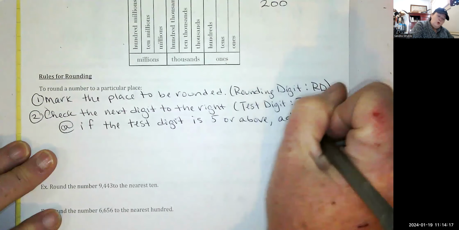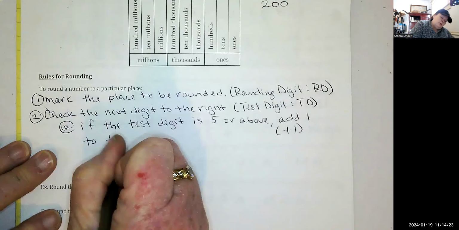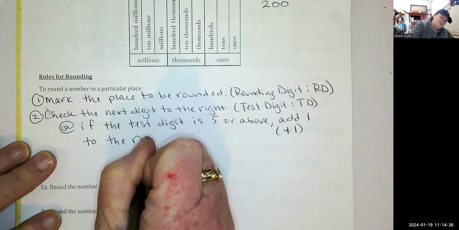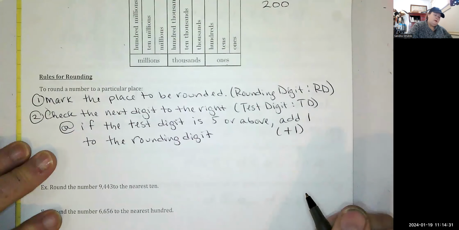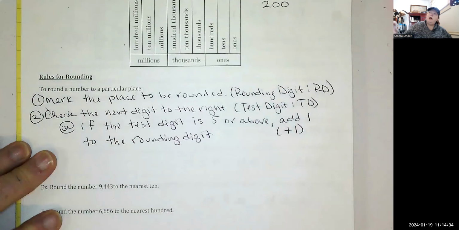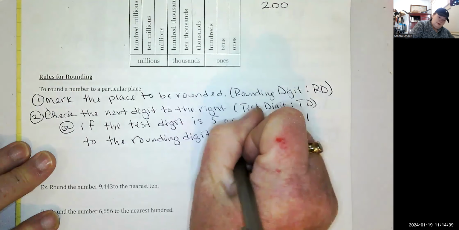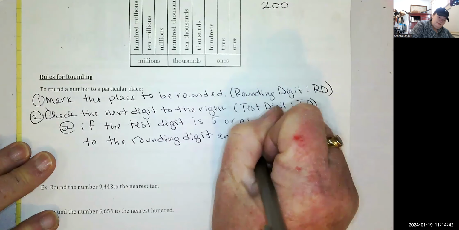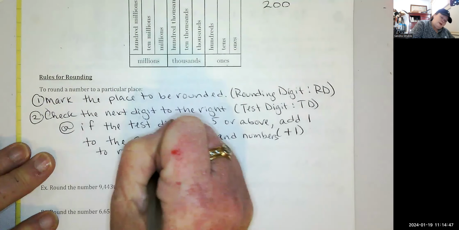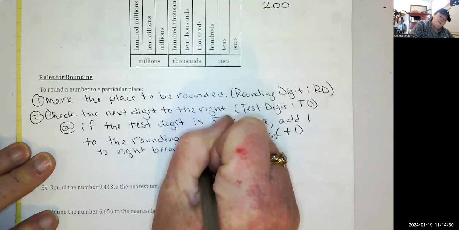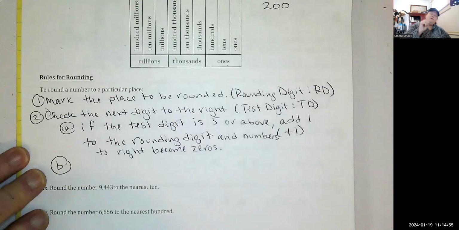Add 1, so plus 1 to the rounding digit. And everything else to the right ends up with zeros. Numbers to the right become zeros.